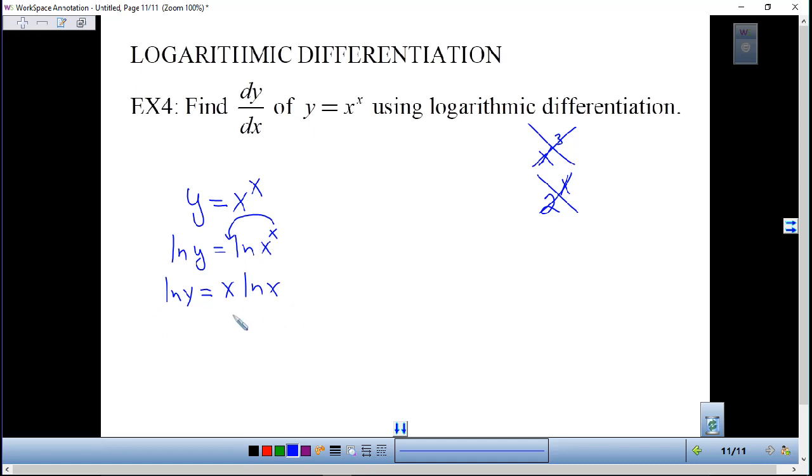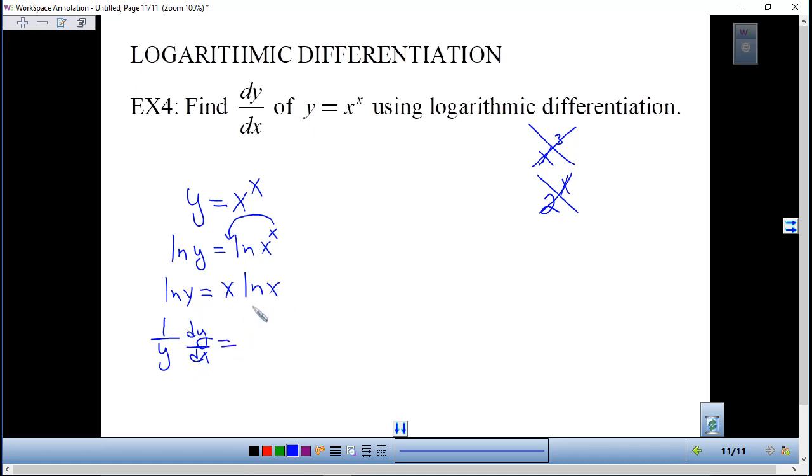Now, once you do that, you need to differentiate it. When you differentiate both sides, you're going to have over here 1 over y dy/dx, because we are doing implicit differentiation here. So we took the derivative of natural log of y, and we get 1 over y times dy/dx. That's what we're going to end up solving for, by the way.